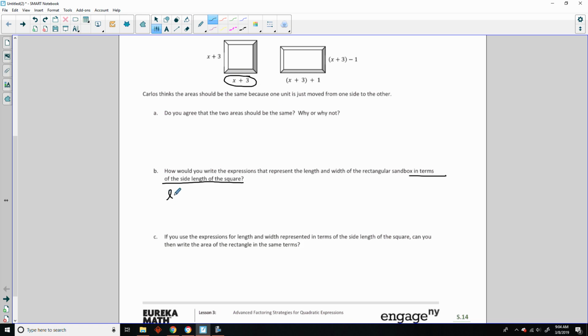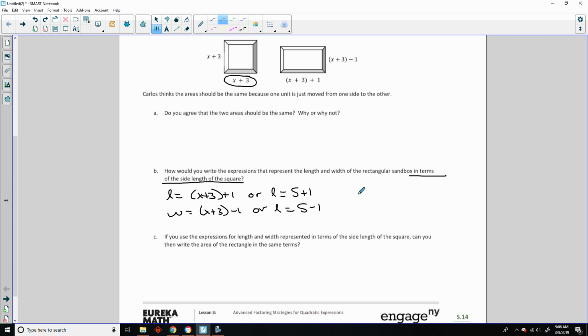So I would say that the length of the rectangle is x plus 3 plus 1, or the length equals the side length of the square plus 1. And the width is x plus 3 minus 1, or the width is s minus 1.